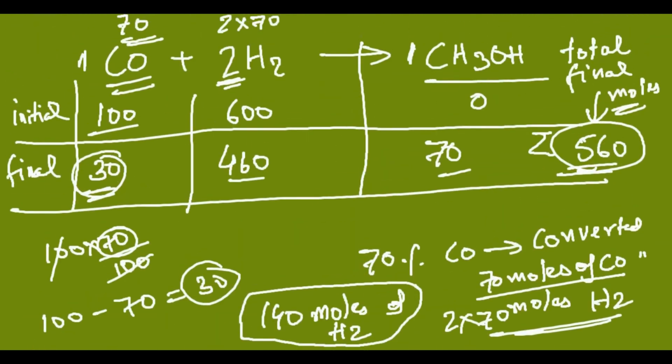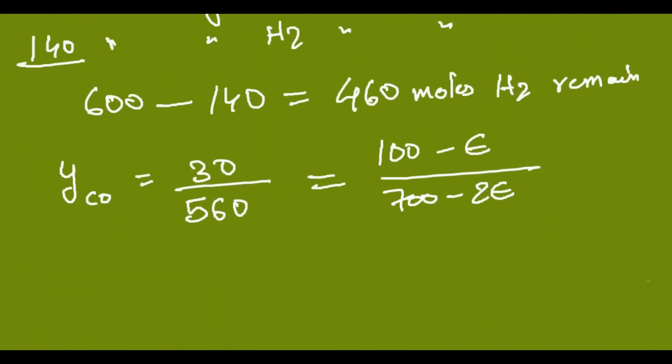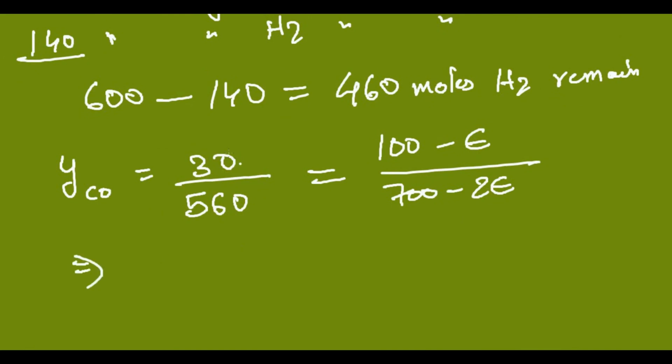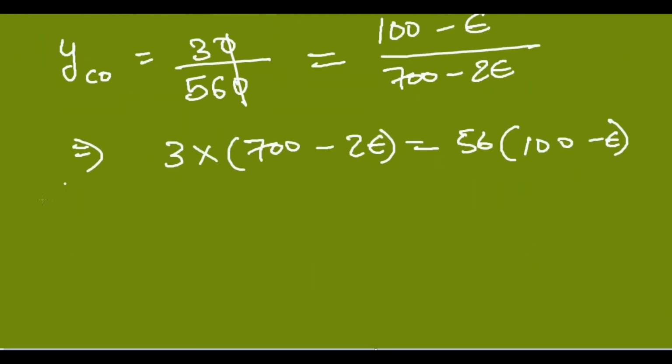If I try to solve, the zeros will get cancelled. So 3 by 56. So 3 into (700 minus 2 epsilon) is equal to 56 into (100 minus epsilon). Now I have to just solve for epsilon.